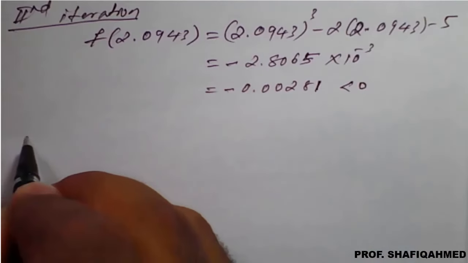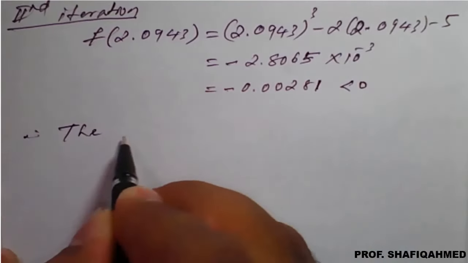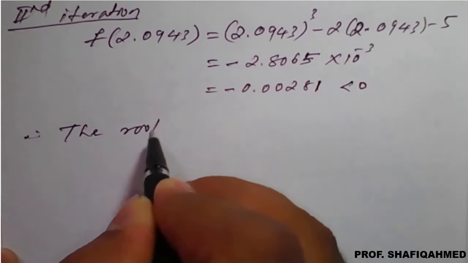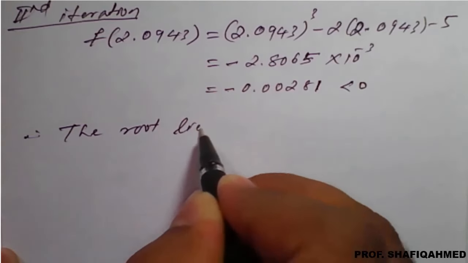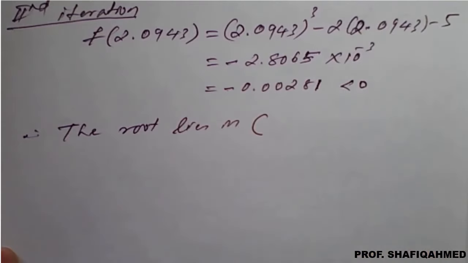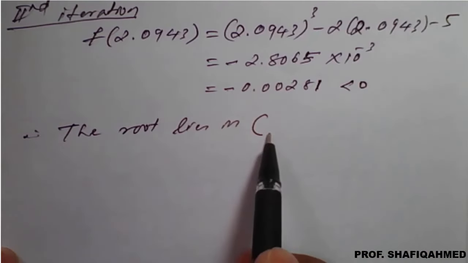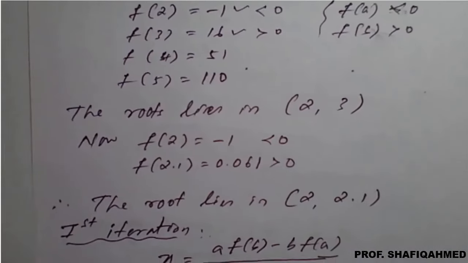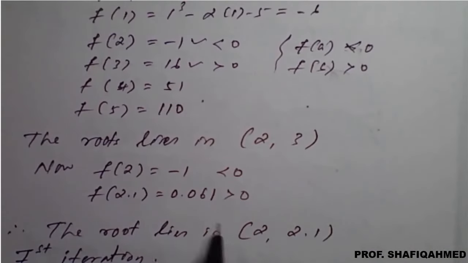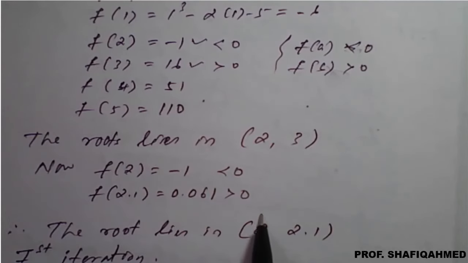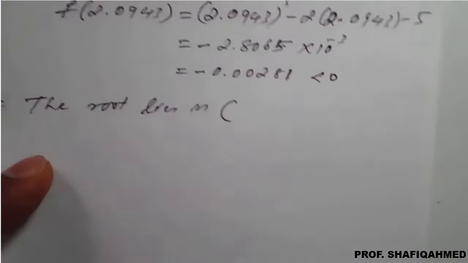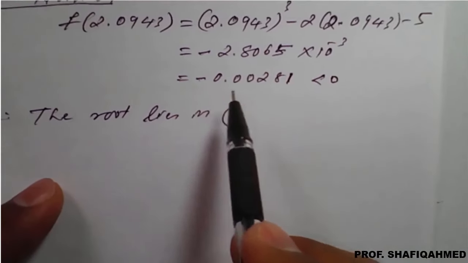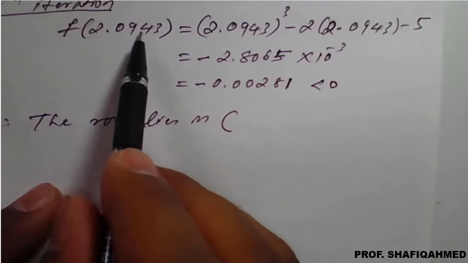So therefore the fresh root lies in, you just see that. So a value is positive, negative we got, b value negative. So I will just show that here. Here f of 2 is negative and f of 2.1 is positive. So this is the negative place and this is the positive place. Here we got a negative value at 2.0943.